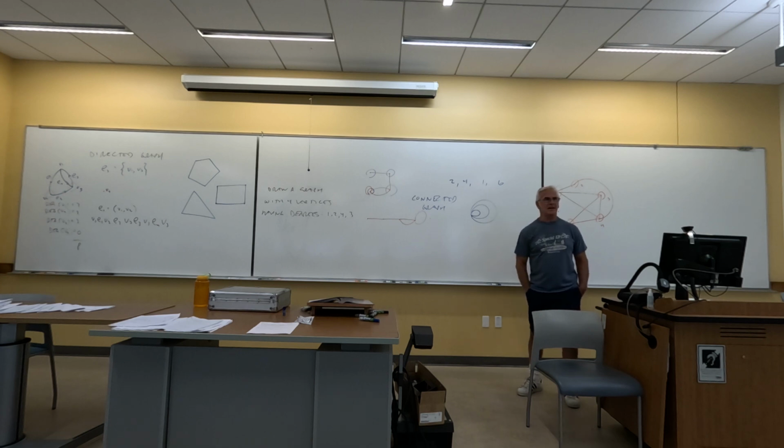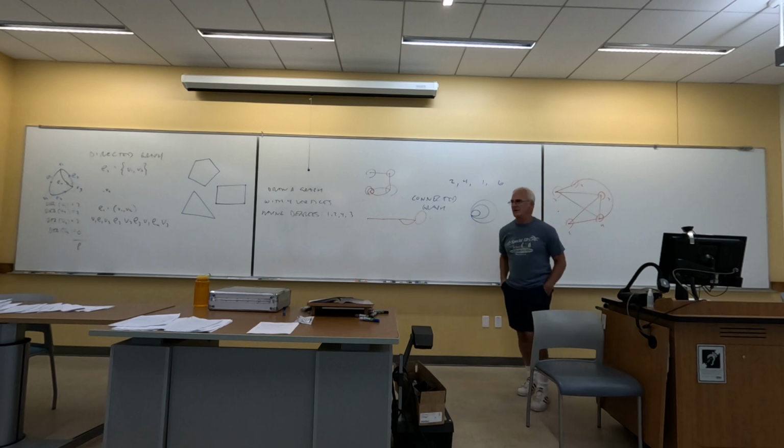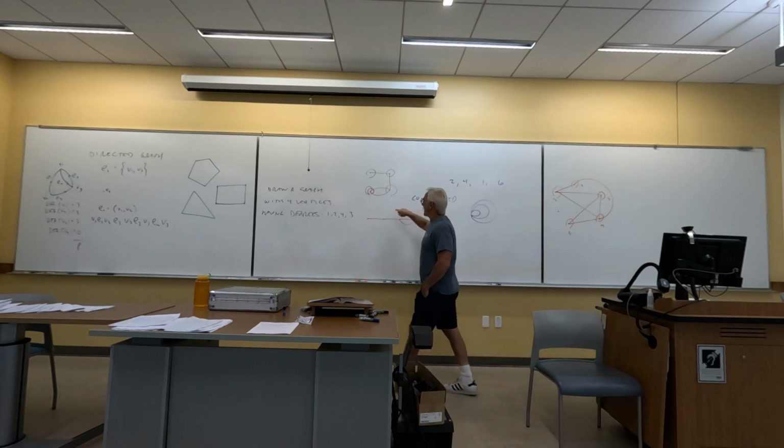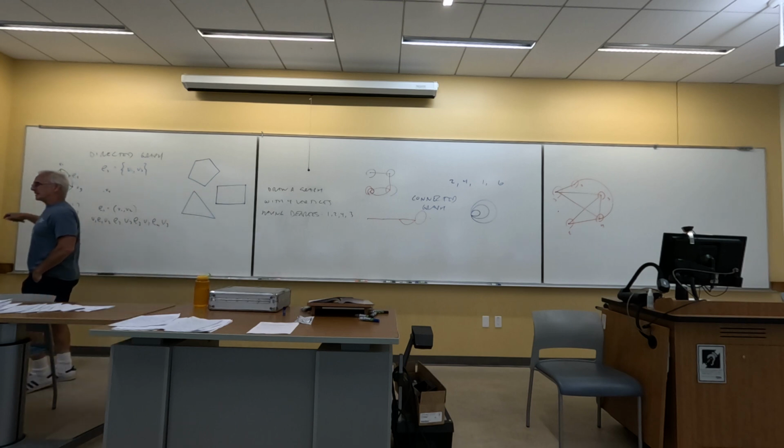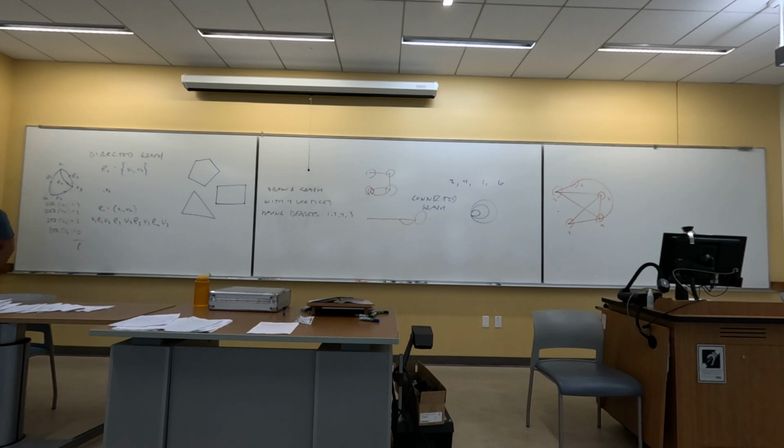If I said I have a connected graph, I'm going to give you a hint. Connected graph, not connected graph. You can reach every point. Yeah, every vertex is connected to at least one other vertex by an edge, and you can get from any one vertex to another.